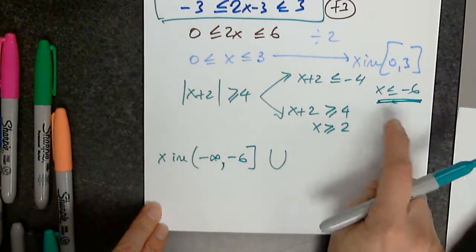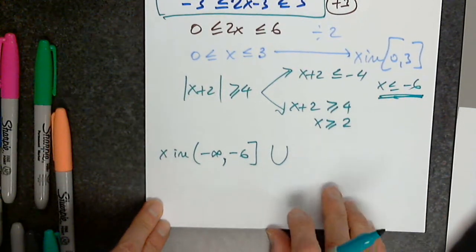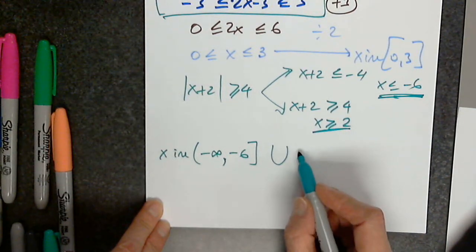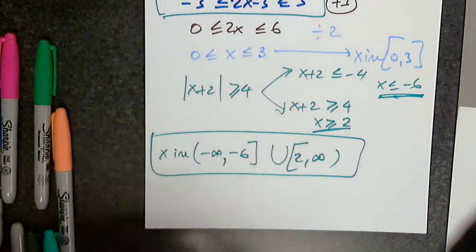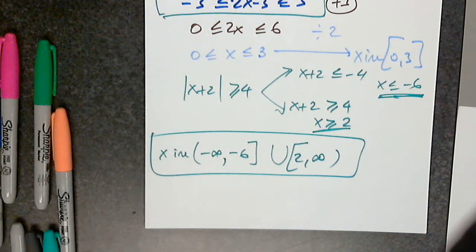This is it: -∞ to -6, union, bracket 2 to infinity. Of course, the second type of inequality is slightly more difficult than the first one because, first of all, I have to separate it into two different inequalities, and I could not solve them in a chain, and that would be a terrible mistake to make.